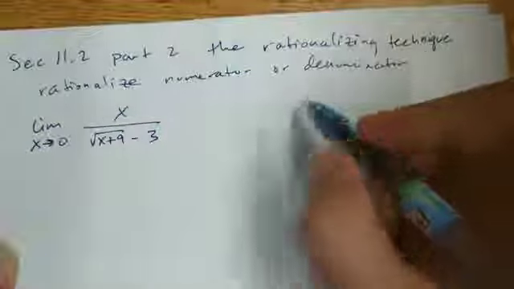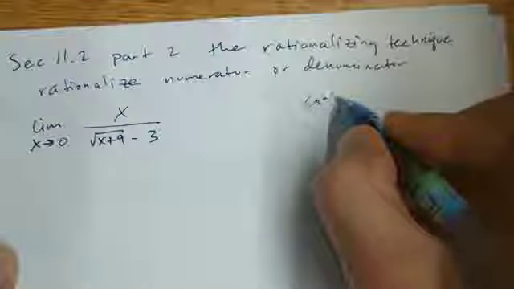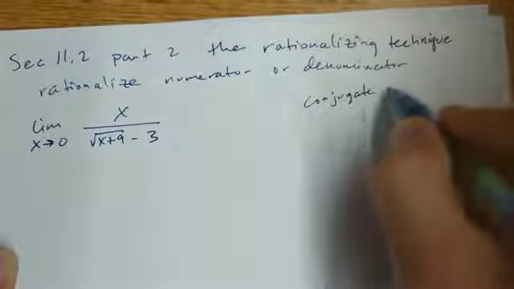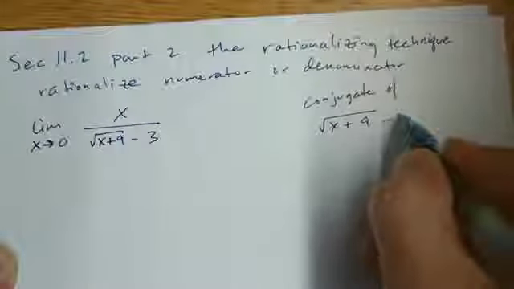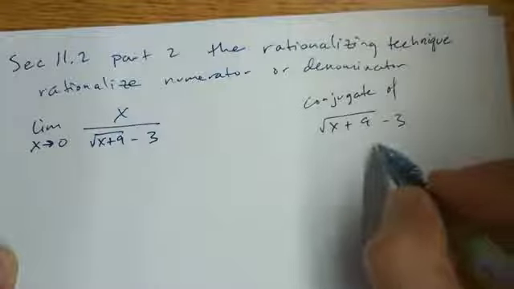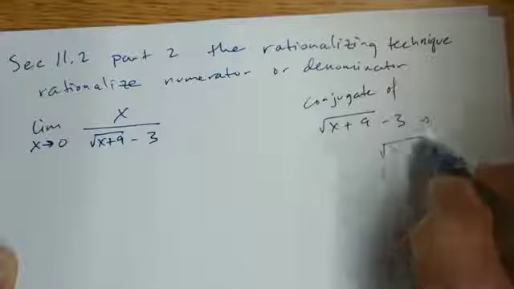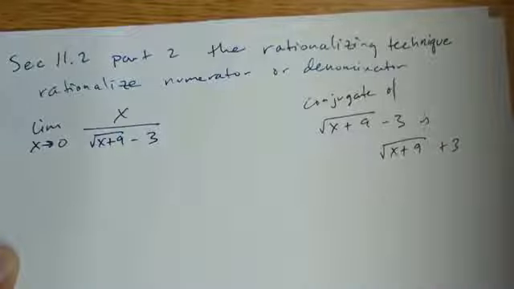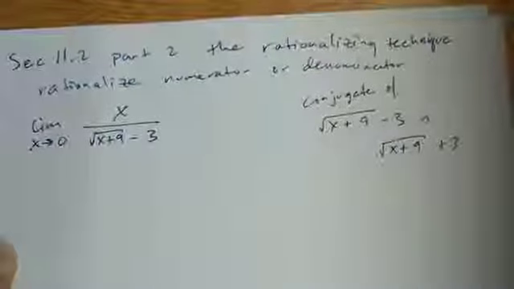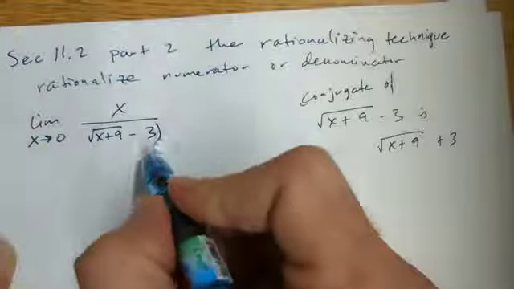Notice the conjugate of the square root of x plus 9 minus 3 is the square root of x plus 9 plus 3. So we'll multiply the numerator and denominator by this conjugate.